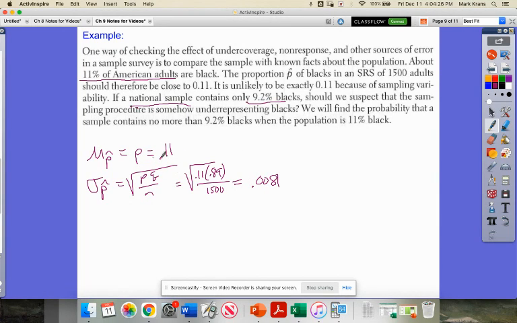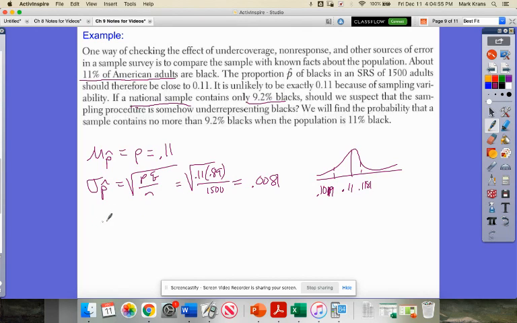That's where most of my p hats should be around, and this is the average distance of p hats, when my sample size is 1,500, away from that. Now we can say this is normal, mean 0.11, and we're expecting 0.1019 and 0.1181 when I subtract 0.0081 and add 0.0081.